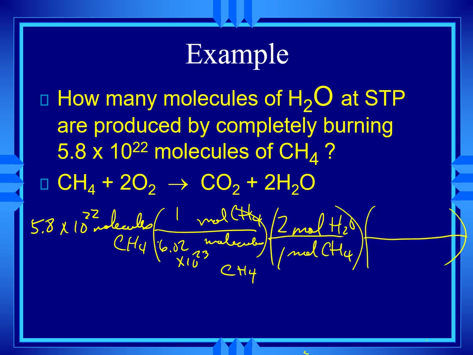Now I want to get rid of moles of H2O and turn it into what they asked me for, which is molecules of H2O. And 1 mole is 6.02 times 10 to the 23rd molecules.